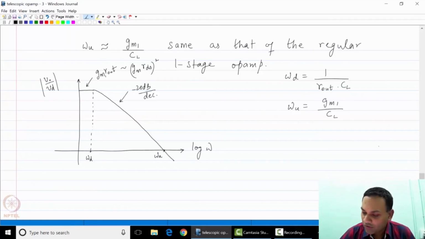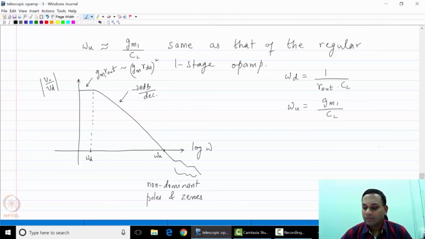Beyond this, you could of course have several poles and zeros, so I'll show them in this manner. These are the non-dominant poles and zeros. Now, if you were to overlay this plot on top of the original one-stage op-amp, I'll show that in blue. The original one-stage op-amp had a DC gain of only the order of GM times RDS.